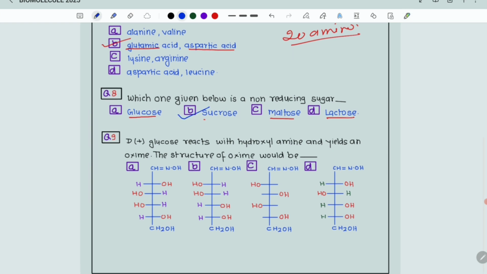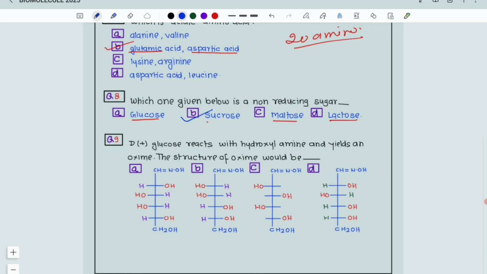Next question, D-glucose reacts with hydroxylamine. The formula of hydroxylamine is H2NOH. This is hydroxylamine and yields an oxime. The structure of the oxime: in D-glucose there is an aldehyde group, here is CH double bond O, and here is (CHOH)4 and CH2OH.